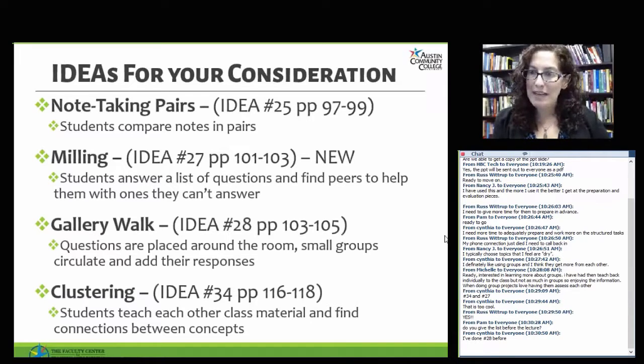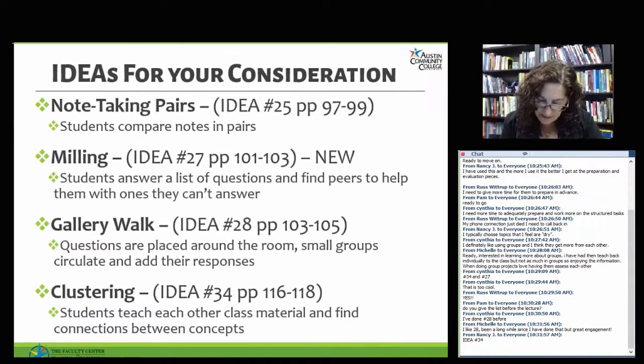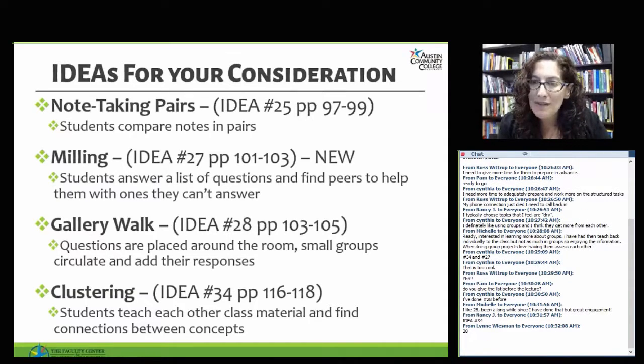I'd love for you, and I see some of you are chatting in, so I'm going to start tallying these votes. We've got some votes here, and then we're going to pick what we'll cover on the basis of what you have selected. So we've got a 34 and a 27. Oh, Cynthia, you said that is too cool. You have to tell me which one you were talking about. Oh, 34 and 27 are cool.